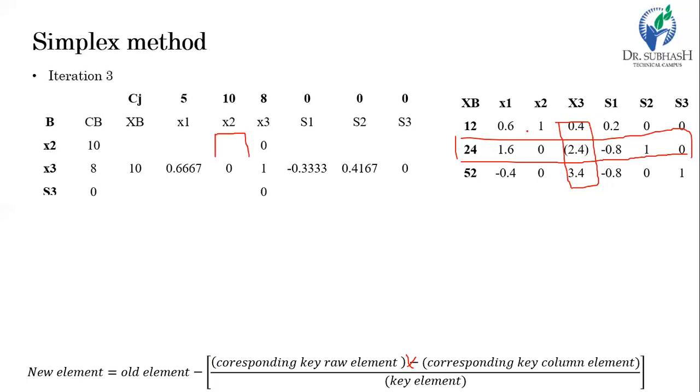The old element is here, minus the corresponding key row element, so here 1 minus the key row element, which is 0, multiplied by the key column element, which is 0.4, divided by the key element, 2.4. But here 0 is in the multiplication, so there is no need to write any other element. So it is simply 1 here.